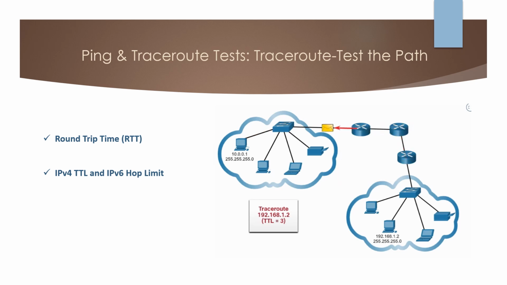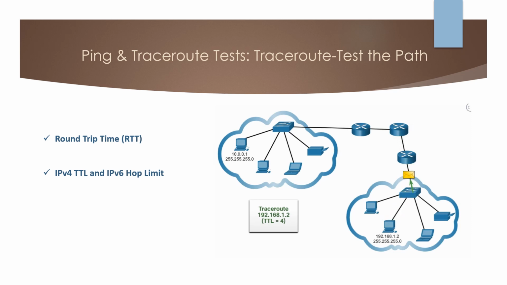Traceroute then progressively increments the time to live field 2, 3, 4 for each sequence of messages. This provides the trace with the address of each hop as the packet times out further down the path.